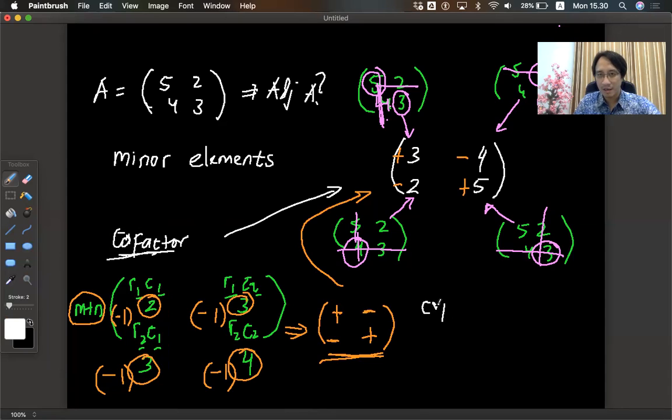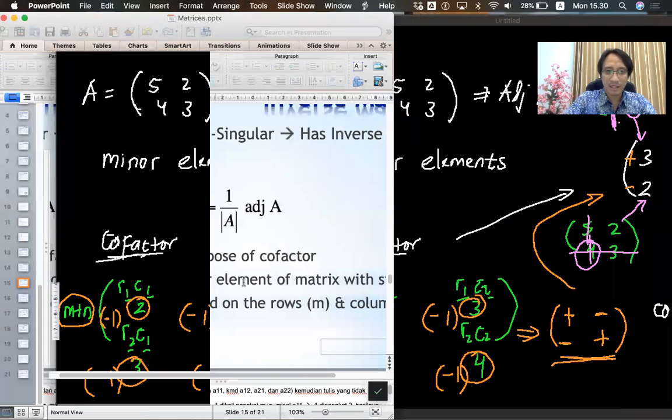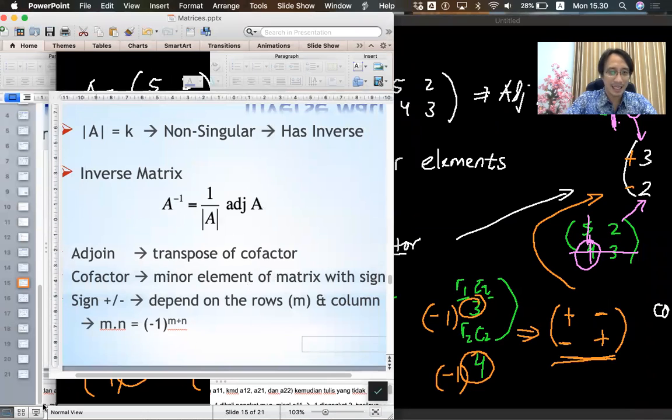The cofactor will be plus 3, minus 4, minus 2, and 5. Okay, we got the cofactor. Cofactor is the minor element of the matrix with sign.